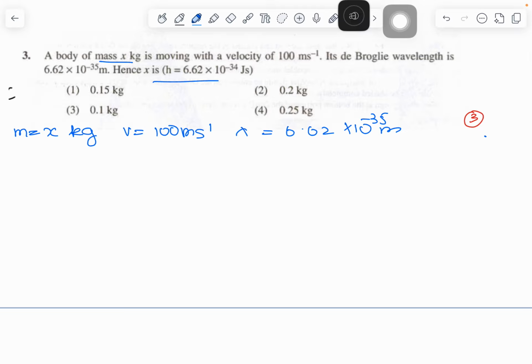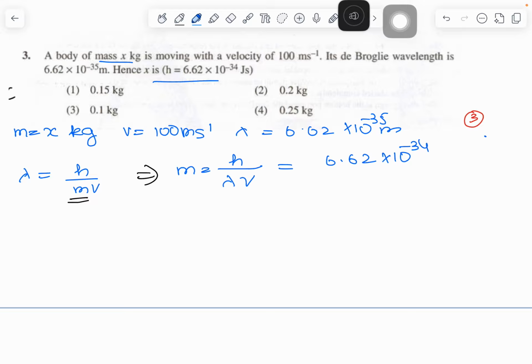We have learned the de Broglie wavelength equation, lambda is equal to h by mv. We want the mass here, so we can rewrite this formula as m is equal to h divided by lambda v. Put in all the givens. Planck's constant is 6.626 into 10 to the power minus 34.